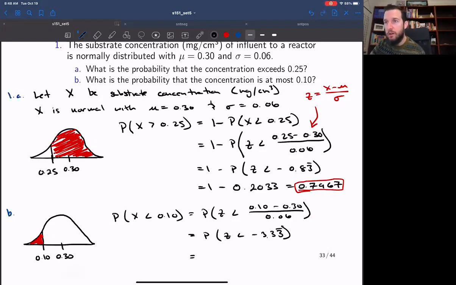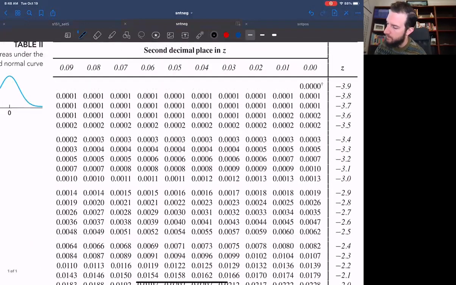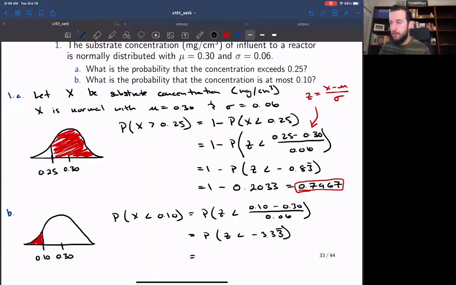Now all we have to do is look up negative 3.33. So we go to our normal table. Here's negative 3.3, here's 0.03, and here's 0.0004. So that means the probability that x is less than 0.1 is equal to the probability that z is less than negative 3.33, which is equal to 0.0004.